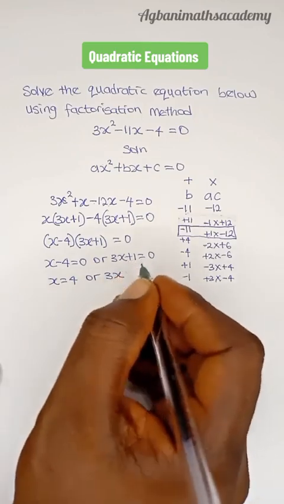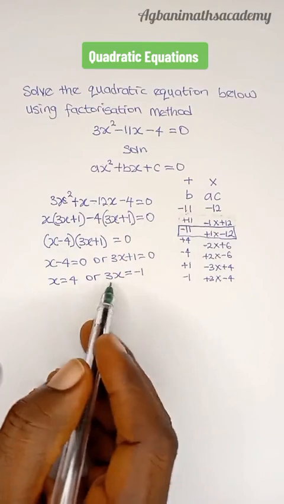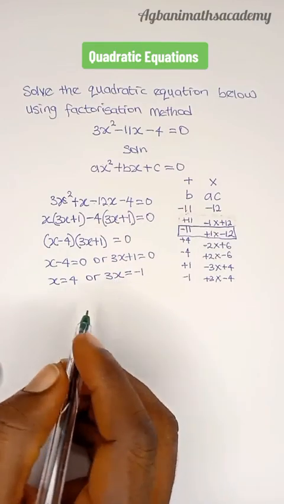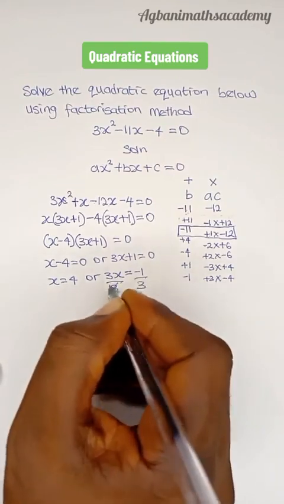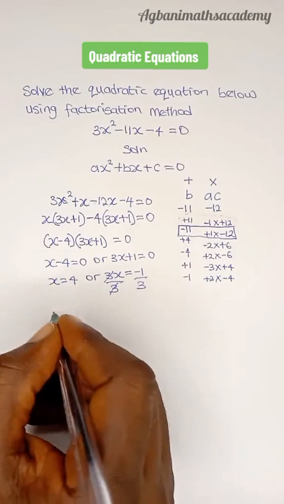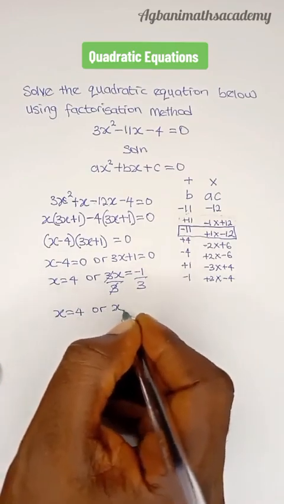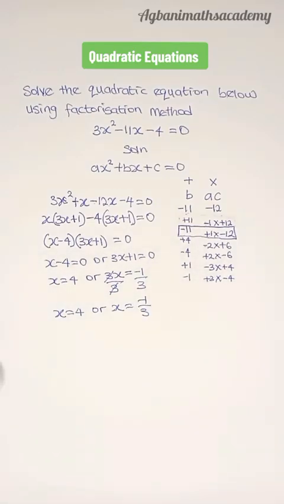When you cross plus 1 to the right, it becomes minus 1. But we have not gotten the value of x this way, so we need to divide both sides by 3. So when we divide both sides by 3, 3 is going to cancel 3. So here we have x is equal to 4, or x is equal to minus 1 all over 3. So this becomes the solution to this quadratic equation using factorization method.